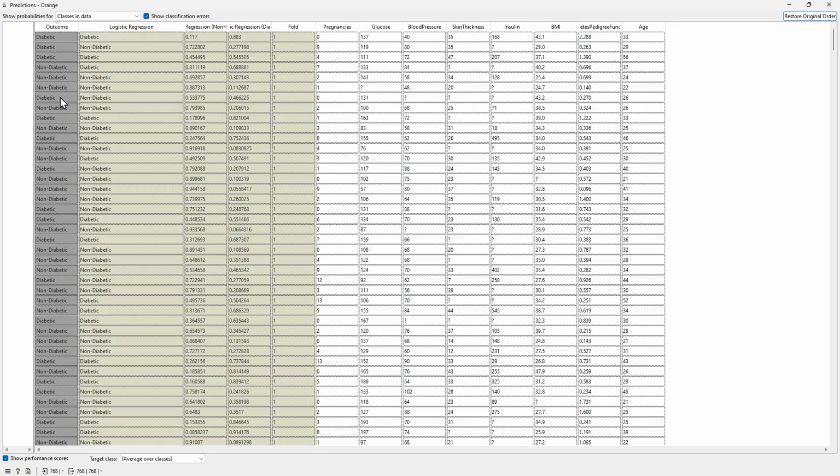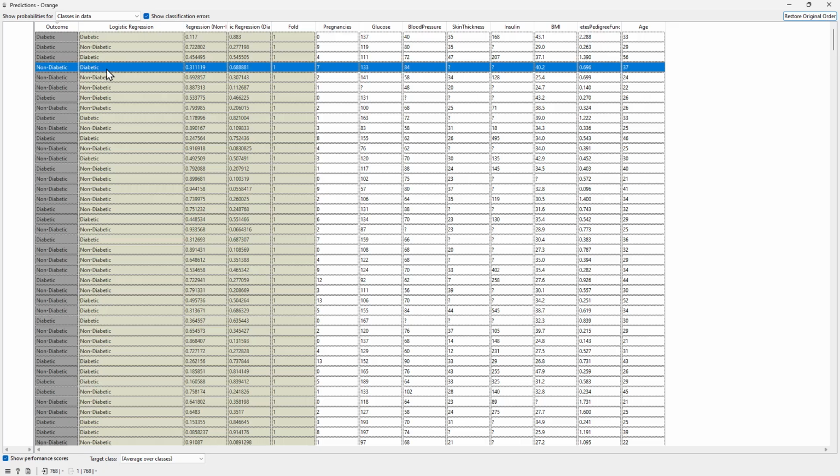Or the other way: this one is also an error where the person does not have diabetes, it's non-diabetic, but the model predicts the person to be diabetic. That's also an error, a misclassification. But when they're matching, whether diabetes or non-diabetes, that's a good thing. That's what we want the model to do as much as possible. That's accuracy, the classification accuracy.